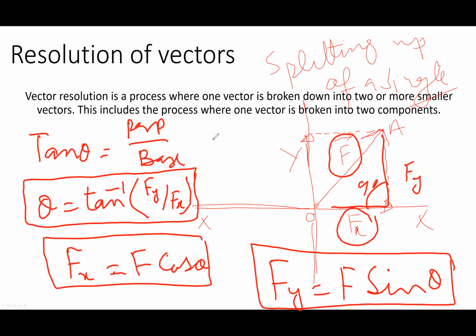The resultant vector f is equal to the square root of fx square plus fy square. Angle will be equal to this.